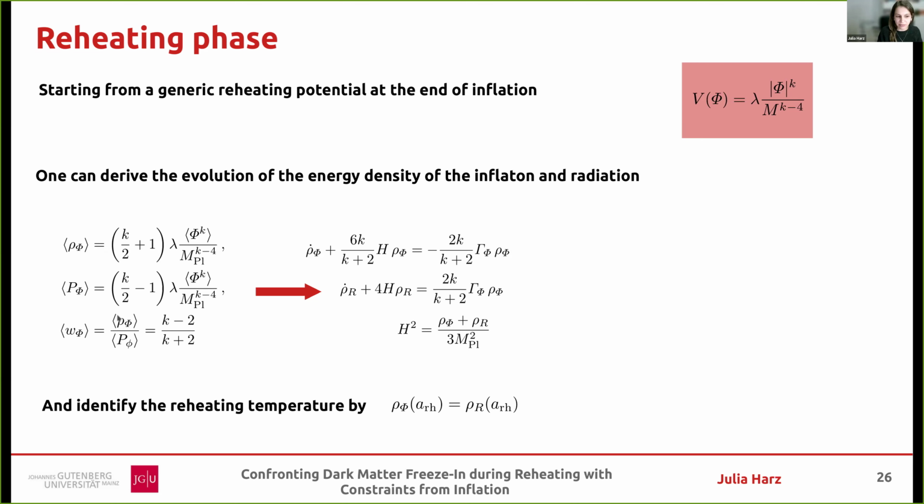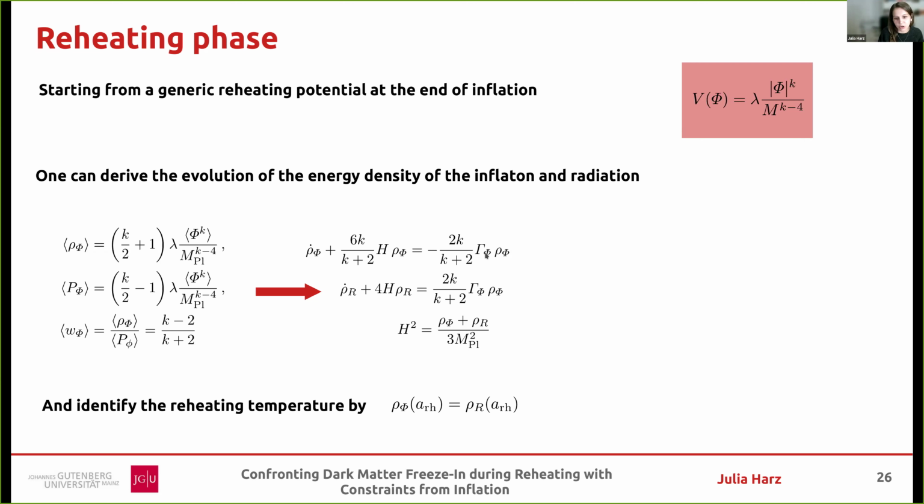And here in the average brackets, because we are at the end of inflation where it oscillates, we average over the oscillations. Together with the Friedmann equation, we can write down the coupled equations of the energy density of the inflaton and the radiation. And of course, it's connected via the decay of the inflaton, because the inflaton decays into radiation, into fermions or bosons.